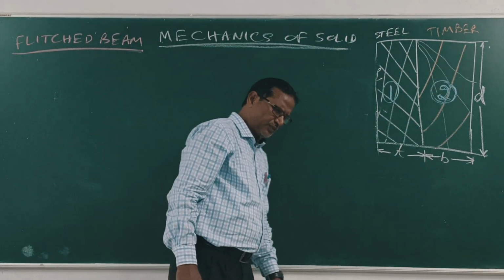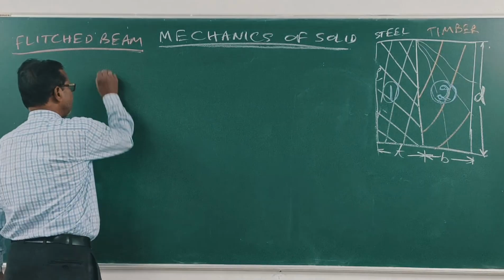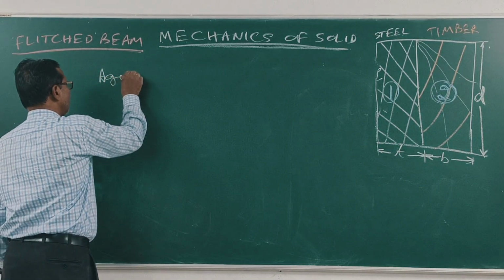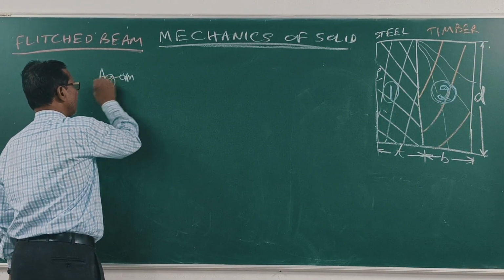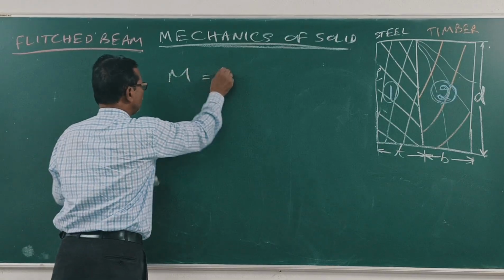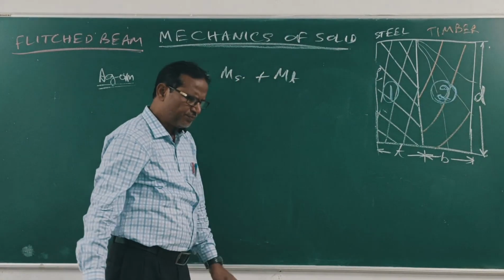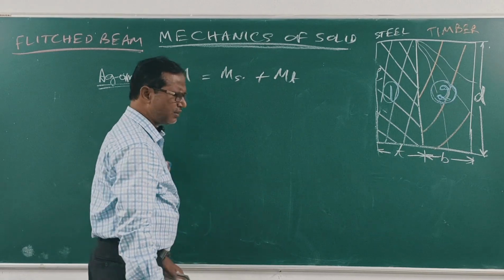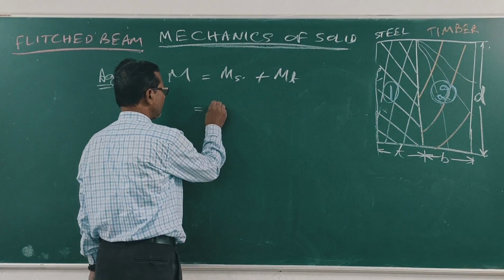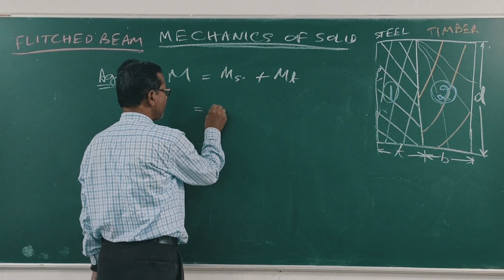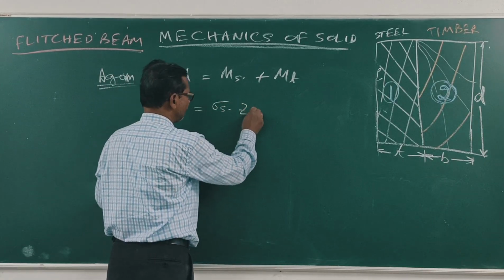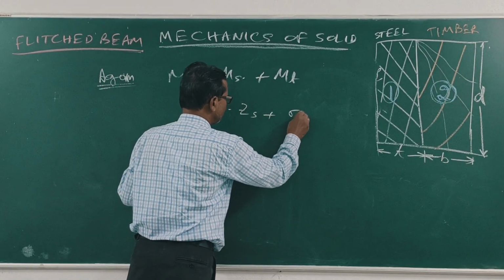Now, again, M is equal to MS plus MT. What is MS? Sigma s Zs plus sigma t Zt.